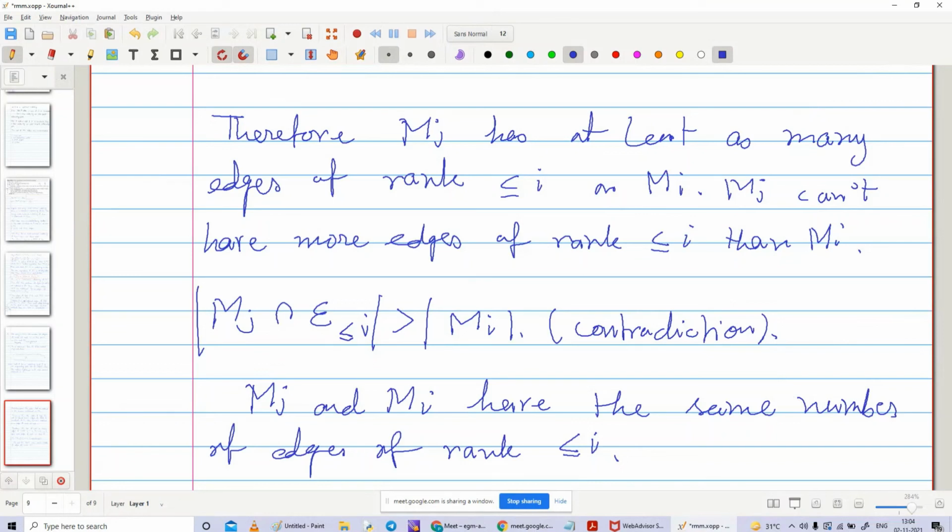And that's why MJ intersection E prime edges of rank less or equal to I should be a matching in G prime I, because a removed edge cannot be added later again. So that basically concludes that MI and MJ will have the same number of edges of rank less or equal to I. So this basically concludes the proof.